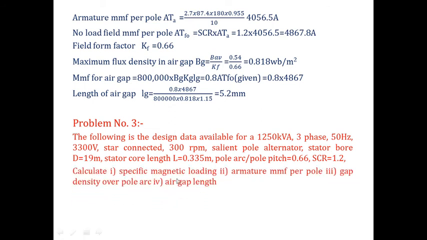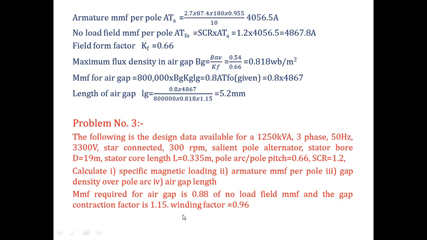You need to calculate the specific magnetic loading BAV, armature MMF per pole ATA, gap density over pole arc, that is flux density in the pole arc, and length of air gap. MMF required for air gap is 0.88 of no load field MMF, that is 88% of no load field MMF. The gap contraction factor is 1.15 and winding factor is 0.96. So this is the statement of the problem.